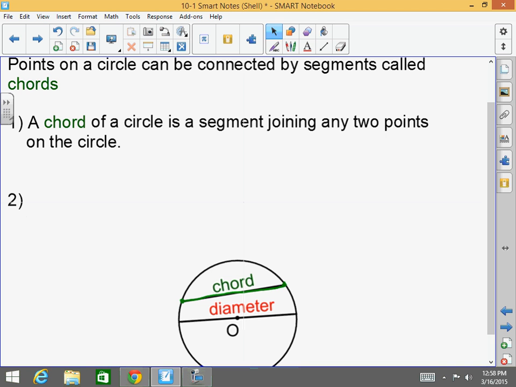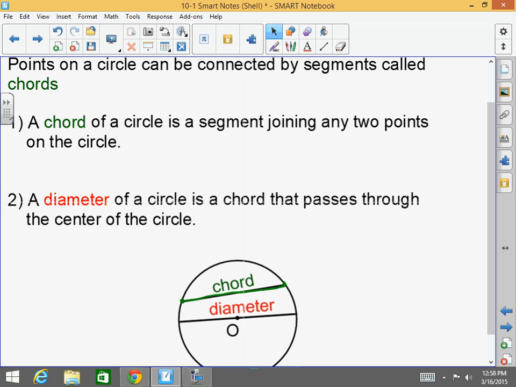Now the diameter. The diameter of a circle is a chord, because by definition it goes from one point on a circle to another point on a circle. So it is by definition a chord, but it passes through the center of the circle. So a diameter is a chord, but a chord is not a diameter. It's kind of like in polygons: a square is a parallelogram, but a parallelogram is not a square.